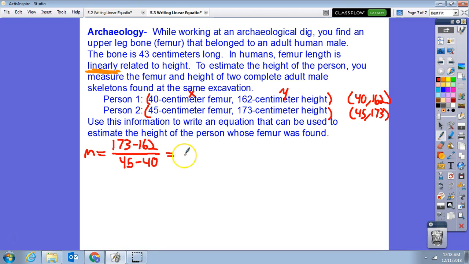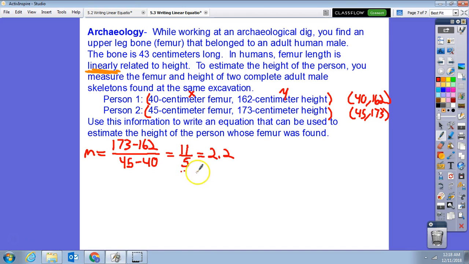So what's 173 minus 162? 11. What is 45 minus 40? 5.